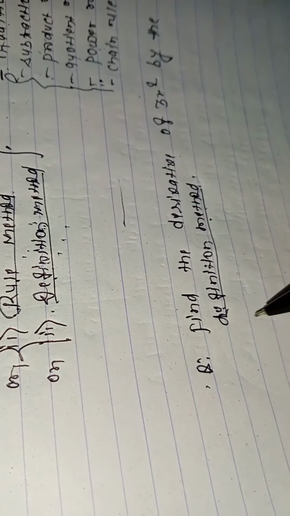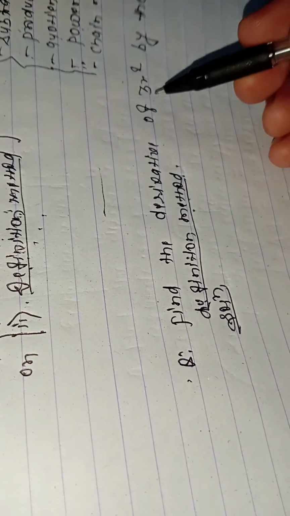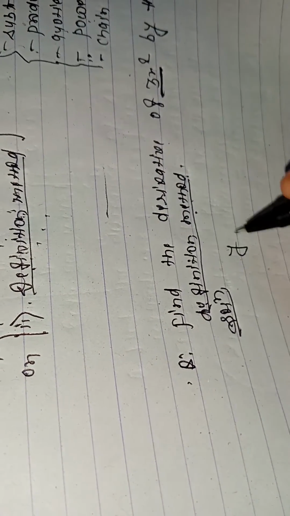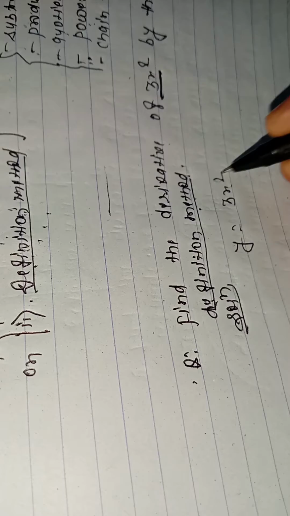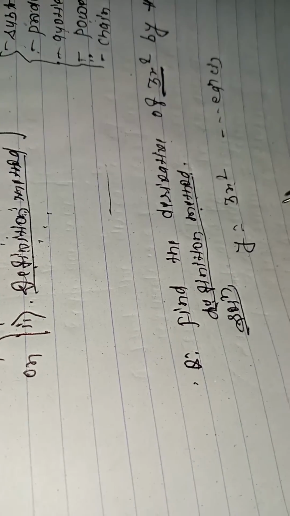So here, first of all, you have to write down the solution. What are you going to find out? The derivative of 3x square. So let y equal 3x square. It is considered equation 1.